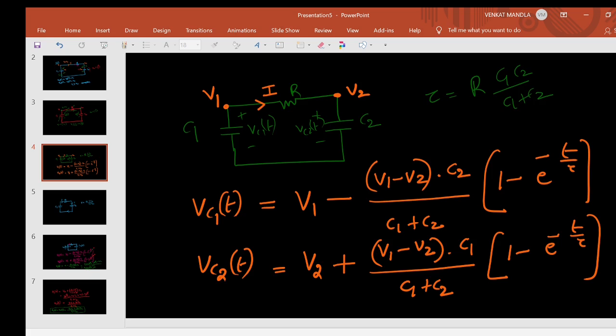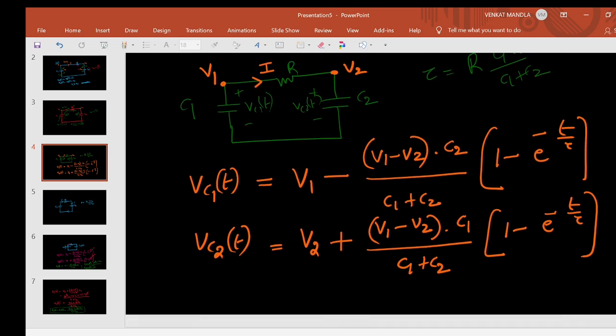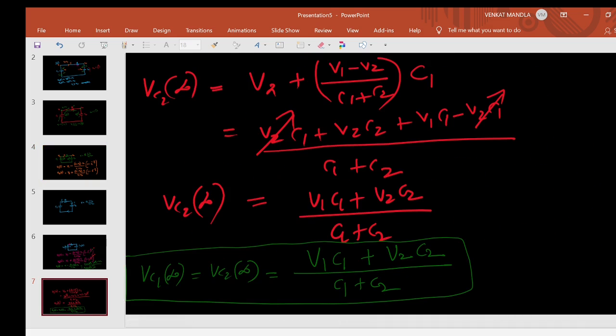Then tau equals 0, and e power minus t by tau becomes e power minus infinity, that is 0. This term will not be there. Then you will get these values V1 C1 plus V2 C2 by C1 plus C2, which means if tau is 0, within 0 time it acquires the steady state value, right? So that is what we have to observe here.